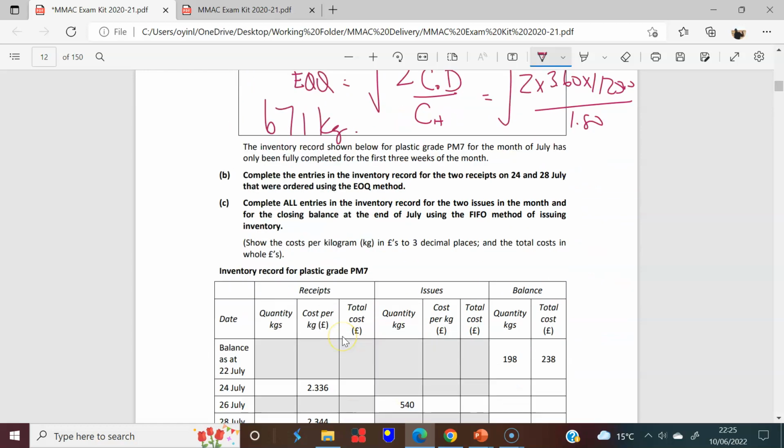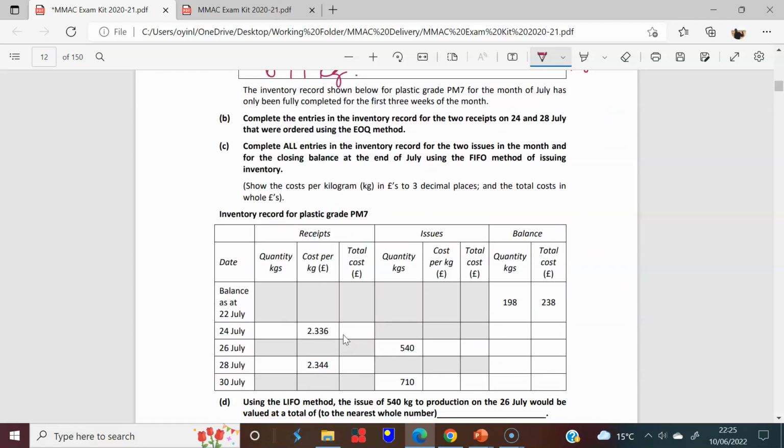Then you're told to come into this table and do a bit of LIFO FIFO work. They're telling you to place these orders, and this is what's coming into the business, but then you're going to issue to the production team. So it's saying take 671 units here, and of course 671 units because that's the agreed order. It seems to be ordering every 4 days. And of course, what is the total cost?